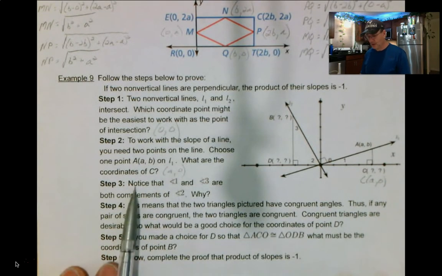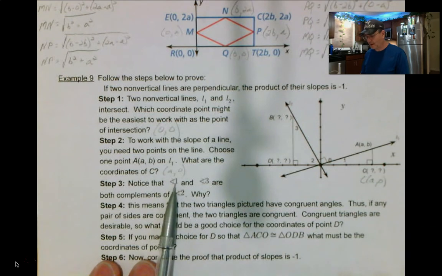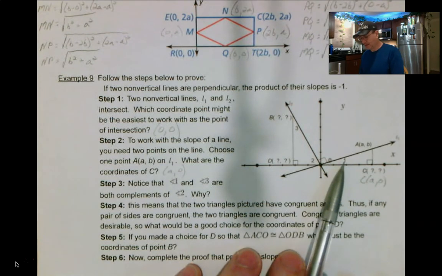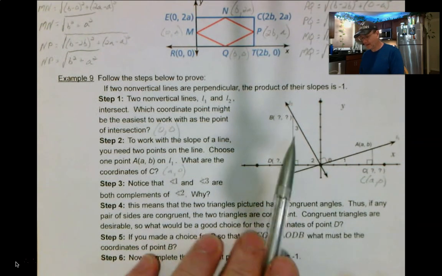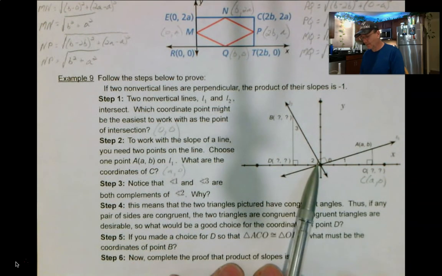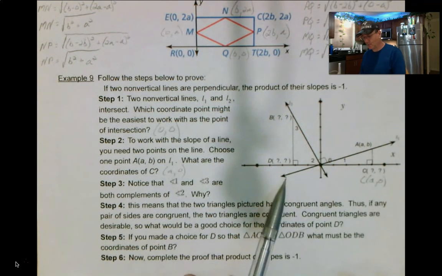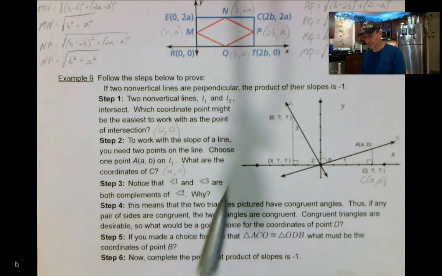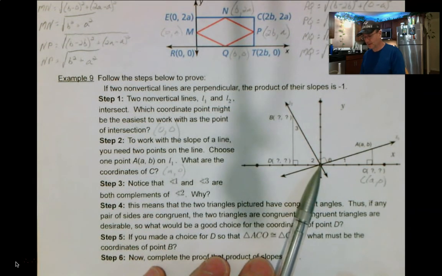All right. Notice that angle 1 and angle 3 are both complements of angle 2. Why? Let's figure out why. We have a right angle symbol here. We said in the very beginning that L1 was perpendicular to L2. They're non-vertical lines. They're perpendicular to each other. Okay?